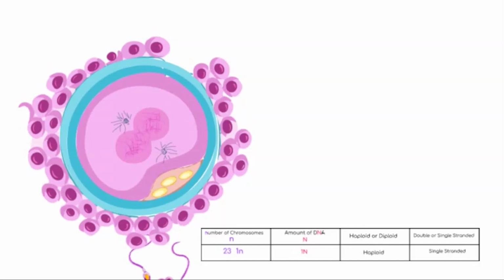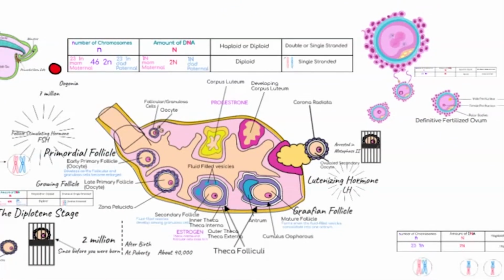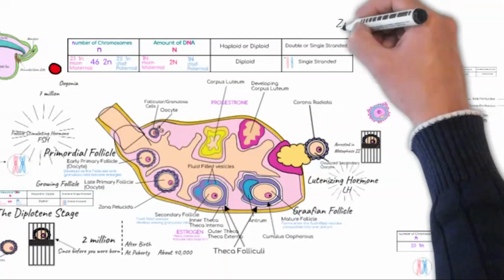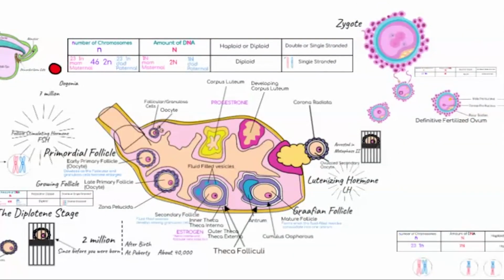That's the number of chromosomes. It was 1n. Now it's 2n because you brought the ones from the father. So it's 2n. And then for the capital N, which is the amount of DNA, it was 1n. Now it is 2n. Is it haploid or diploid? Diploid. And now this is called a zygote. And the egg has been fertilized.